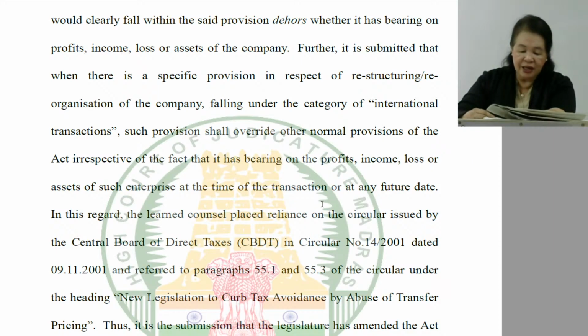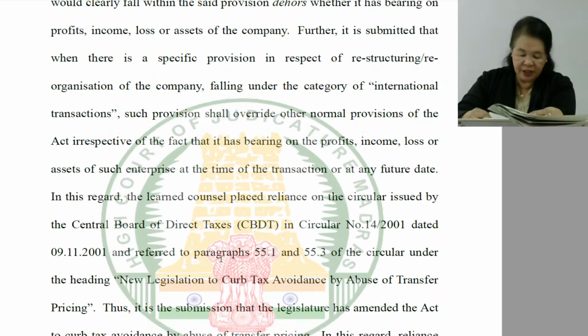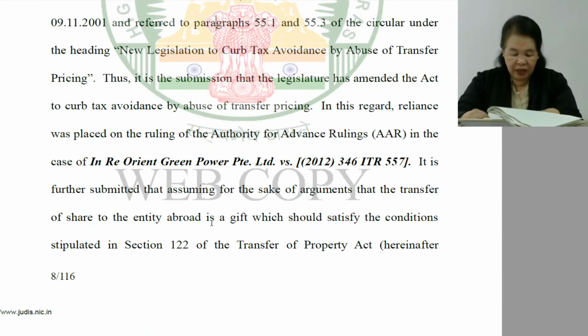So in this regard, the learned counsel placed reliance on the circular issued by the Central Board of Direct Taxes. In Circular number 14, 2001, dated 9/11/2001. Okay. The circular, it is the submission that the legislation has amended the Act to curb tax avoidance by abuse of transfer pricing.